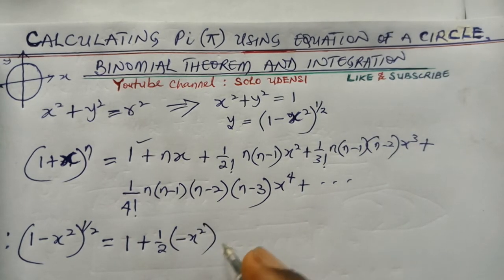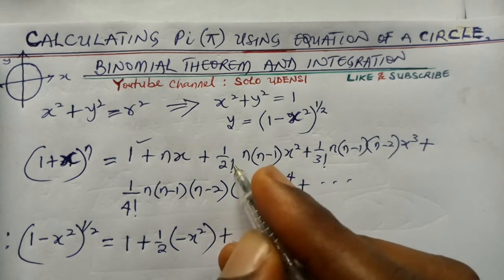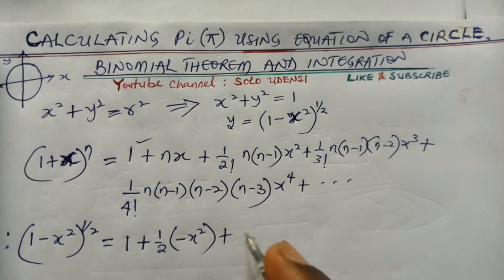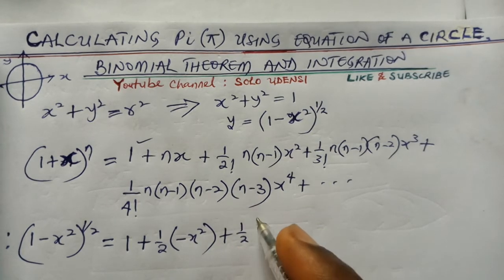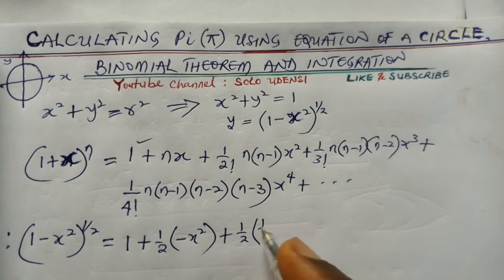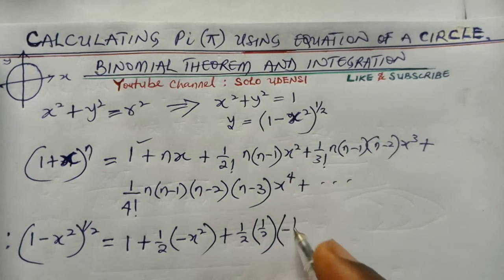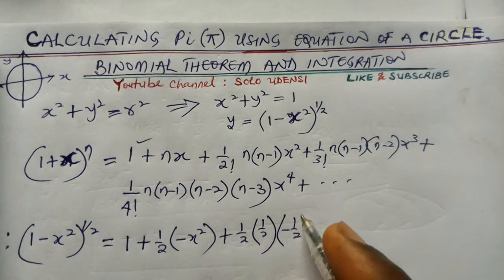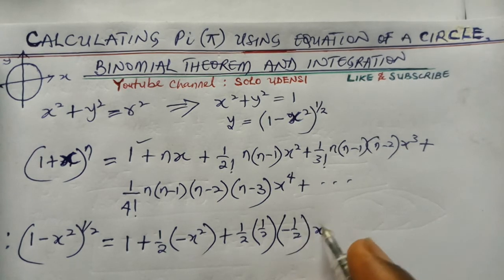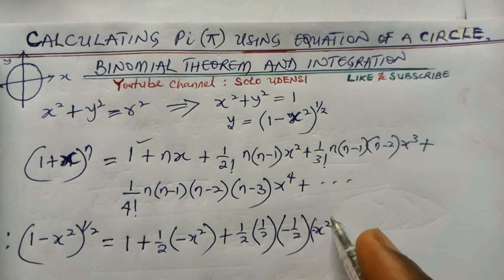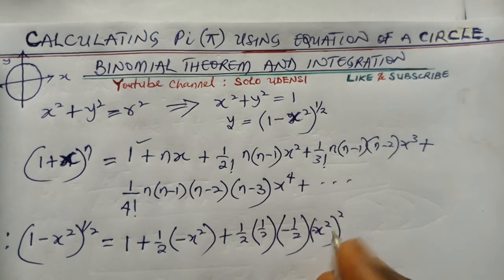That's what we have, plus 1 over 2 factorial is 1 over 2 times 1, that's 1 over 2 for this one, this one is half, this one is minus half, good, x is minus x squared, then raised to power 2.